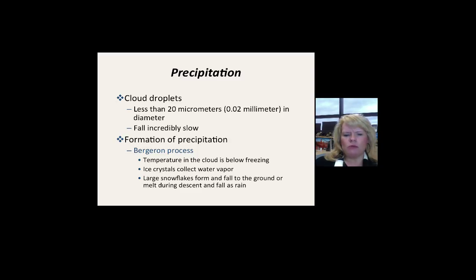When we make precipitation, the Bergeron process is the way in which we interpret how the cycles of moisture go through to reach a freezing point. The temperature in the cloud is typically below freezing, and ice crystals collect water vapor, and as they do, large snowflakes will form and fall to the ground or melt during the descent and fall as rain.